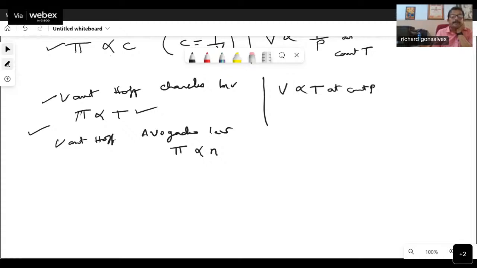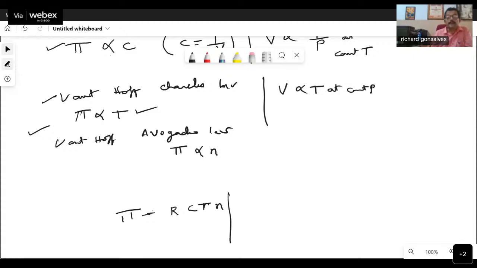What is that combined equation? Pi is equal to some constant R, C, T, n.